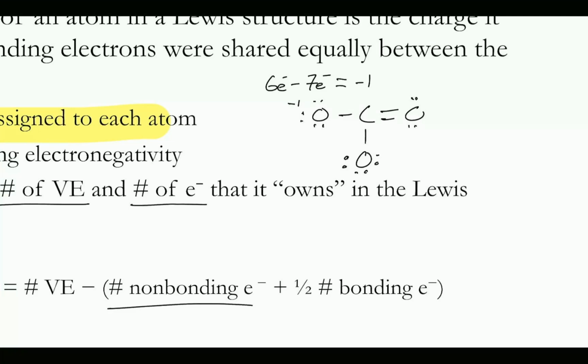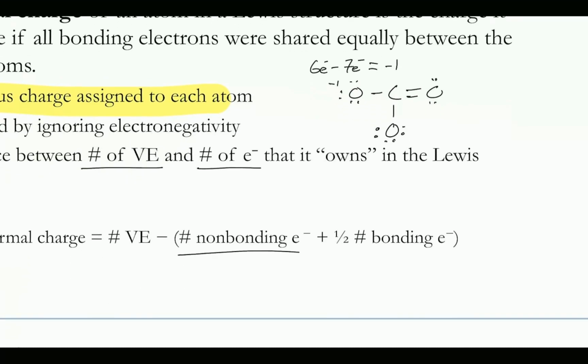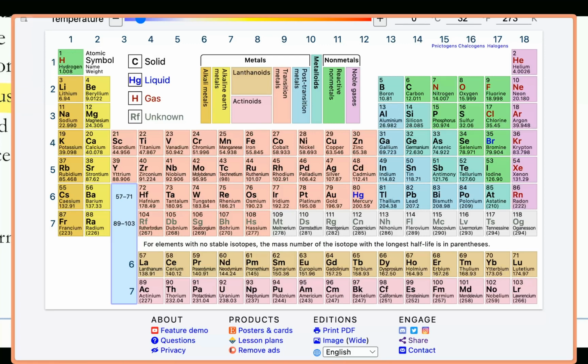There's a bunch of different ways to think about this. Instead of memorizing that oxygen is supposed to have 6, you can use the fact that it's got 6 on the periodic table, which is probably the fastest way to do it. The reason that this is a -1 is, if I go to the periodic table, oxygen, when it's neutral, has 8 protons, which means neutral oxygen would have 8 electrons, right?